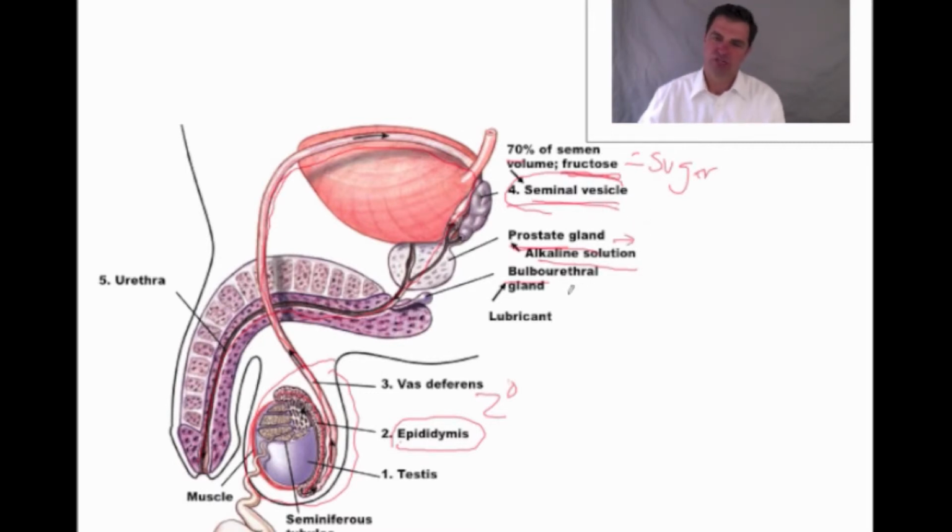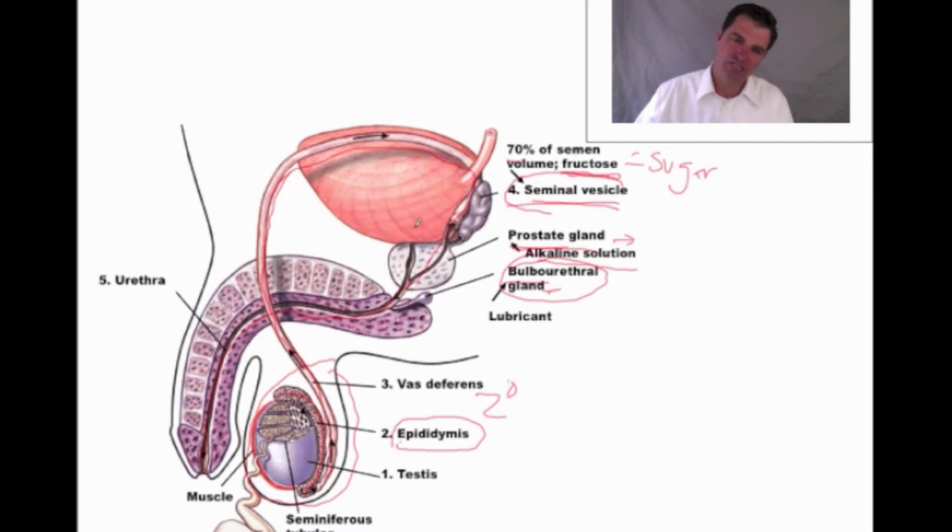The bulbourethral gland, located down here, also produces some lubricants. It secretes a clear solution that can actually deliver sperm out even before ejaculation. So there can be sperm traveling out the urethra even before a male ejaculates. So the popular theory of the pull-out method turns out to not be so good, because the bulbourethral gland can actually deliver sperm through there.